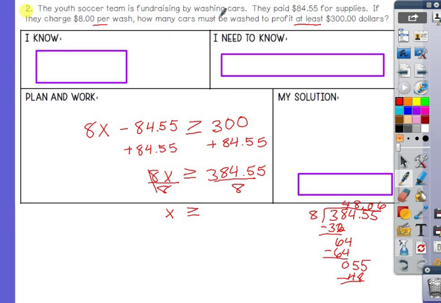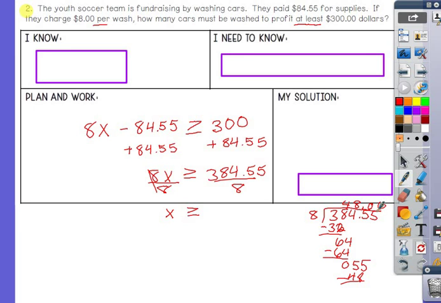It says how many cars must be washed. Do you think someone would appreciate a decimal of their car being washed? Are they going to pay for that? They're going to pay for their whole car to be washed, right? So if I just washed 48 cars, am I going to have enough money? No. I have to wash a little bit more.